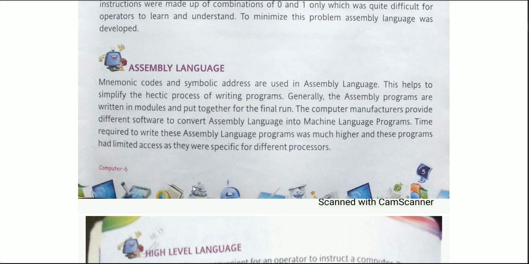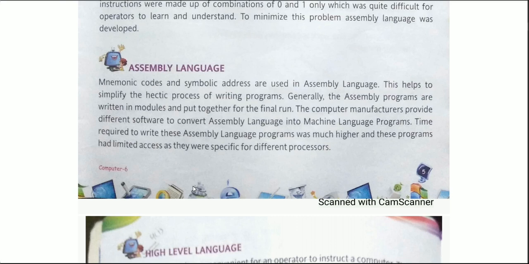See, the things that you have to remember regarding assembly languages. The first thing you need to remember is that assembly languages use mnemonic codes as well as symbolic addresses. Mnemonic codes means some kind of alphabetical characters. The second thing, when we are writing any program in assembly language, then we need a converter.